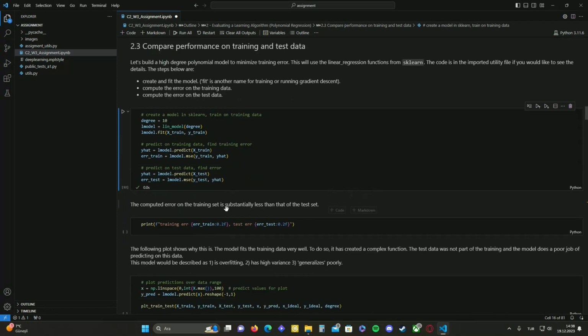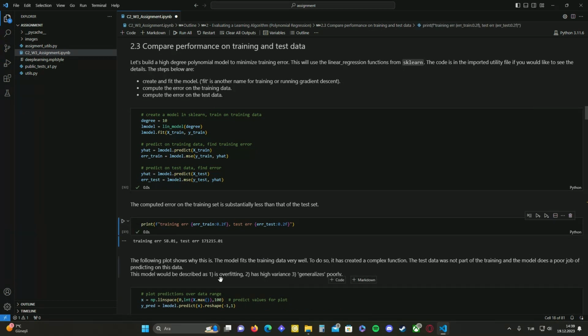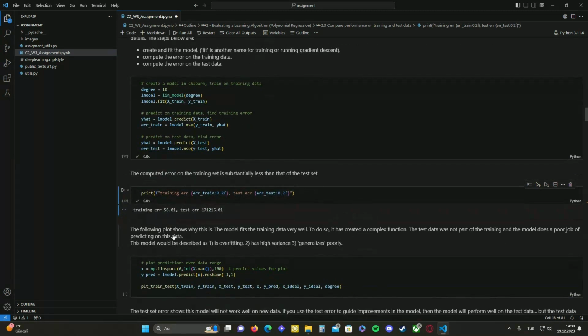Let's run this cell. The computed error on the training set is substantially less than that of the test set. We print the training error and test error. The following plot shows why this is. The model fits the training data very well. To do so, it has created a complex function.